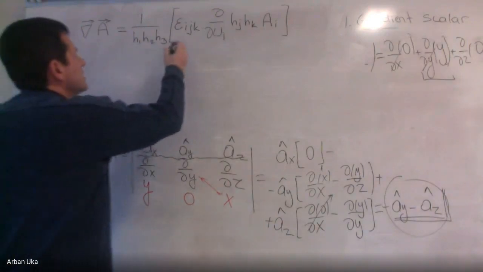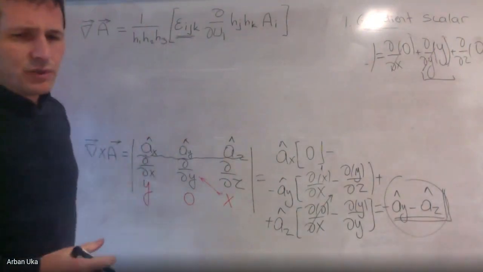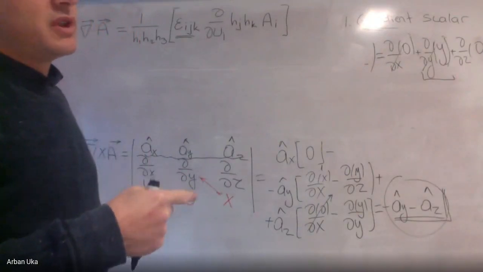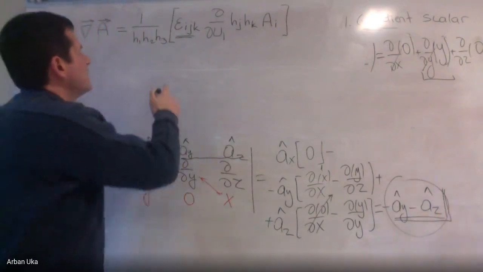But now this is a permutation operator, which offers different permutations of combining I, J, and K.